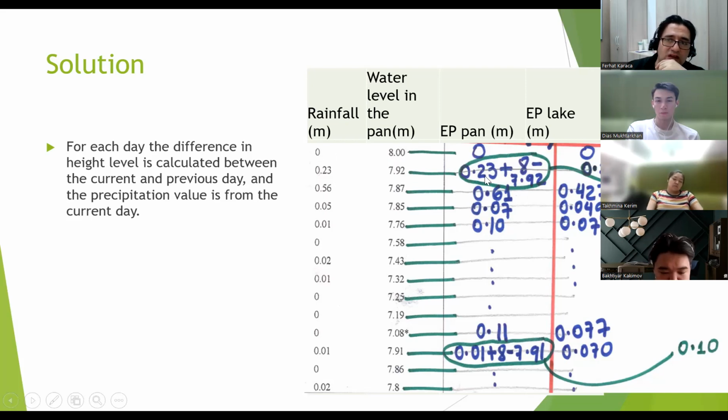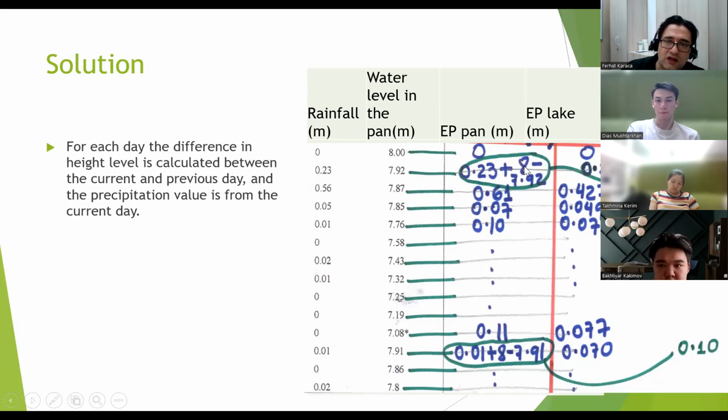In the second day, I put here how to calculate to demonstrate the calculation principles. So let's follow. I took 0.25, this is plus, this is rain, adding to the level, and I added also 8 because 8 is the previous level, and then I subtracted the ending level 7.95. Forget about the rain and let's look at here.